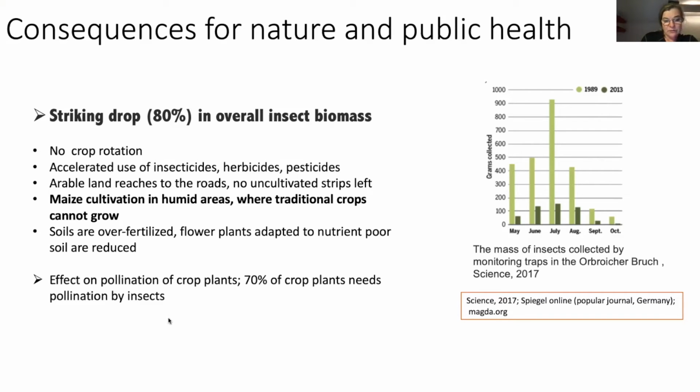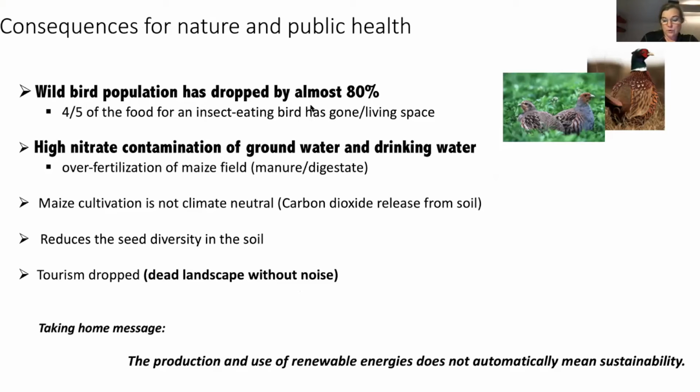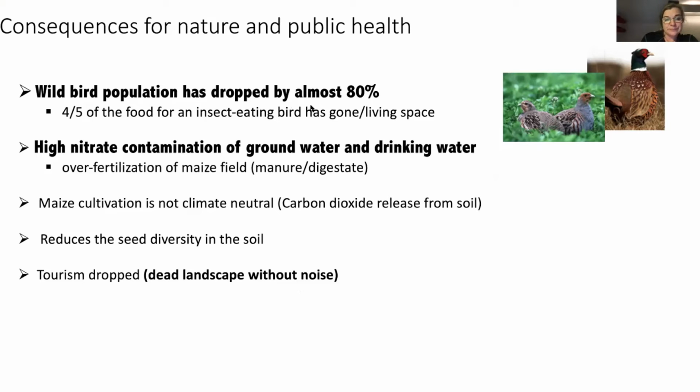That had an effect on pollination of croplands. 70% of the croplands need pollination by insects. It also had an impact on the bird population, which dropped by almost 80%. And they also started to accumulate high nitrate in the groundwater and in the drinking water.